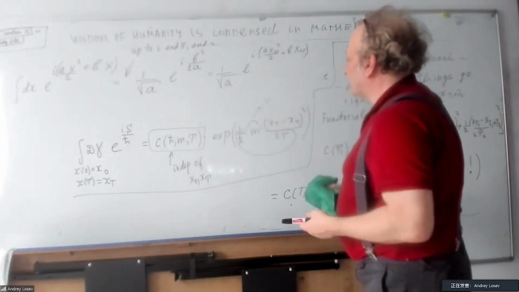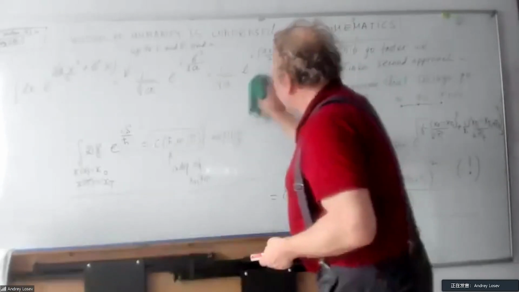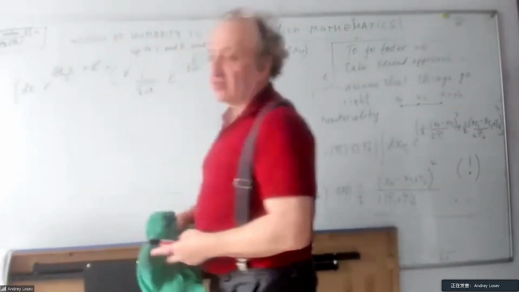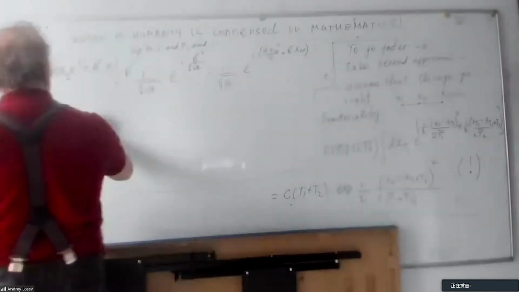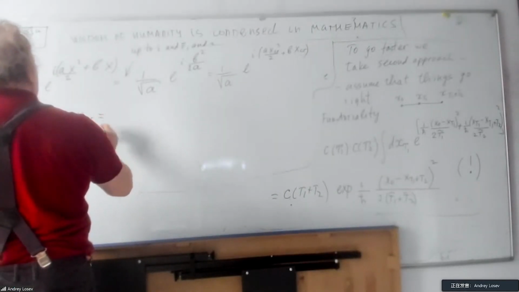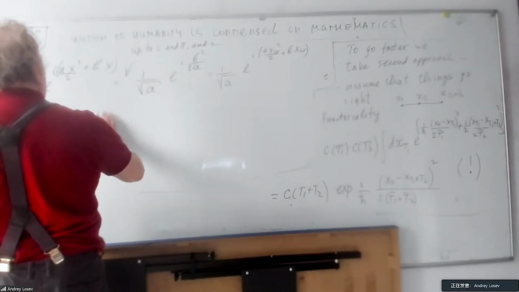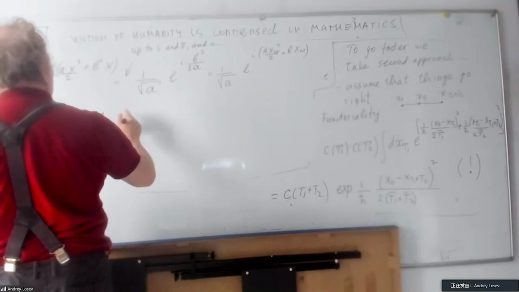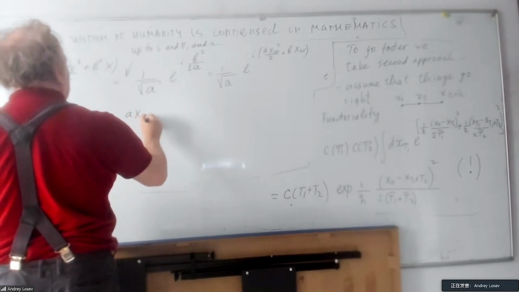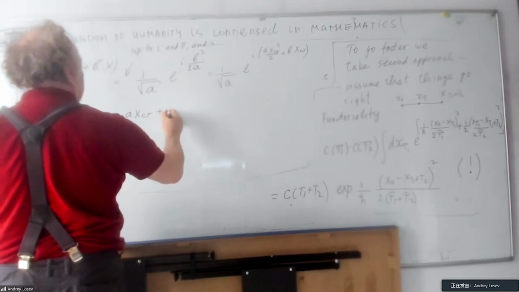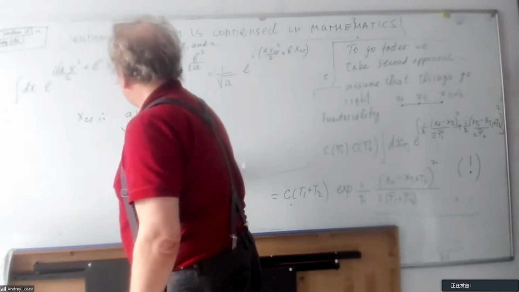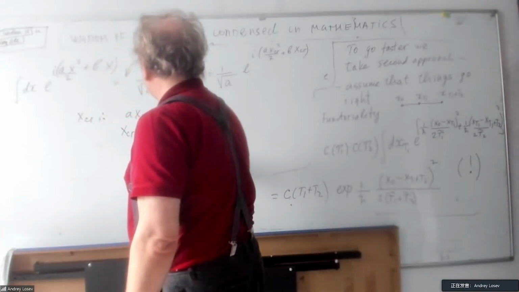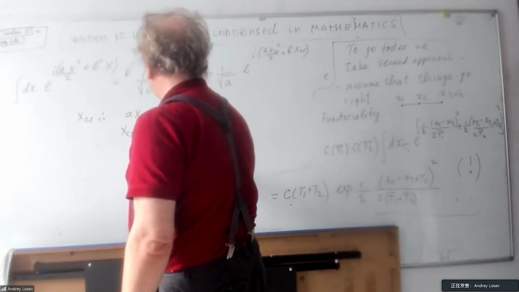I'm doing this example because it is a basic example of how critical values appear. So x critical is, of course, the solution to the equation a x critical plus b equals 0. So x critical is minus b over a.